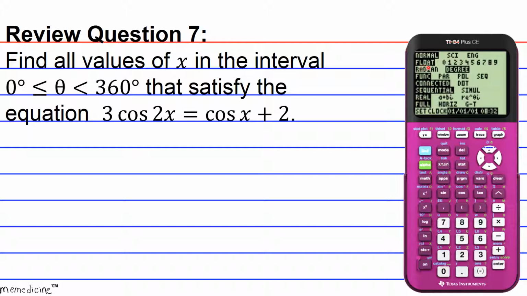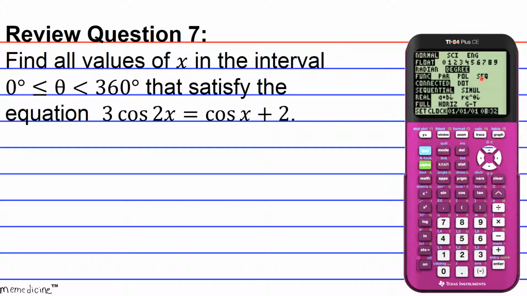Let's say the setting was set on radians. In order to get it off of radians, you would press the right key so it hovers over degree, setting your calculator in degree mode. You don't need to press enter to lock degree mode. All you have to do is press second mode to quit this window.